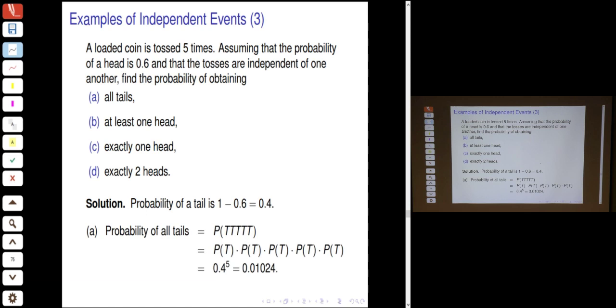Okay, so now look at A. The probability of getting no tails, I describe the event as this, T, T, T, T, T. They are all tails. Because the events are independent, this is P(T) times P(T) times P(T) and so on. So this is 0.4 to the power of 5, so this is the probability.